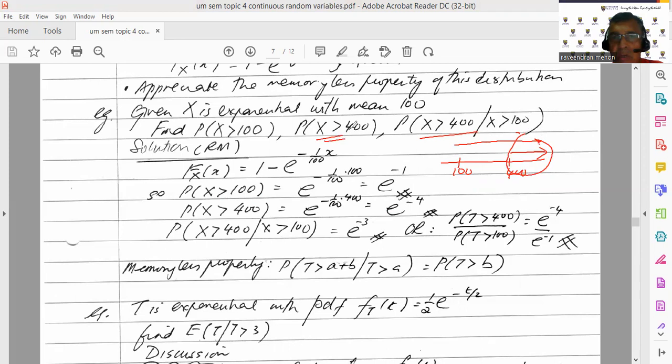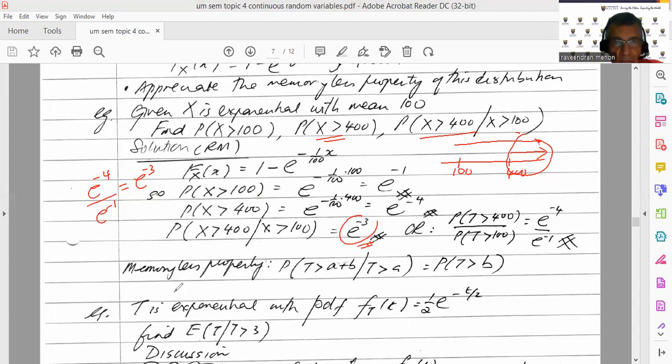So for the numerator, you will use e to the power of minus 4. And the denominator is just x bigger than 100, which is e to the power of minus 1, which will work out to be e to the power of minus 3. I've done all that here. You can go ahead and look at the working slowly. This is your final answer, e to the power of minus 3.